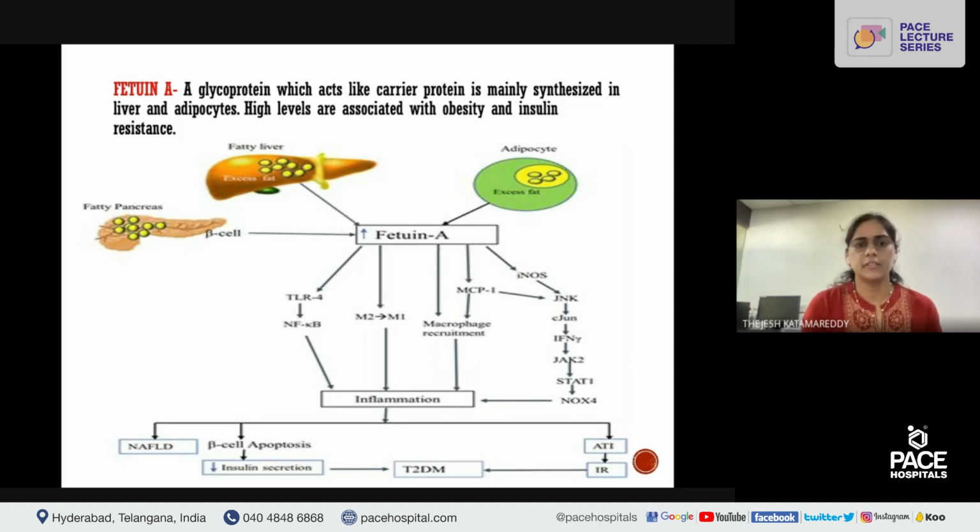The excess adipose tissue will be accumulated in all the tissues like liver, pancreas, and adipocytes, which will release fetuin A. Through various mechanisms it is involved in inflammation, leading to further accumulation of fat in the liver, decreased beta cell function, and thereby decreased insulin secretion, finally leading to type 2 diabetes or insulin resistance.